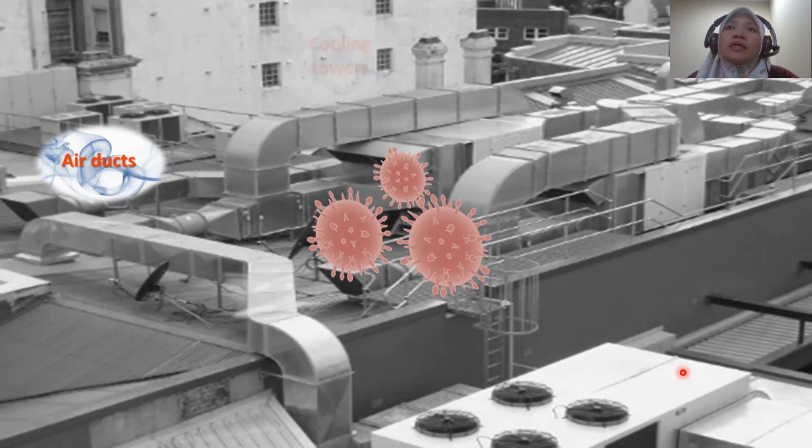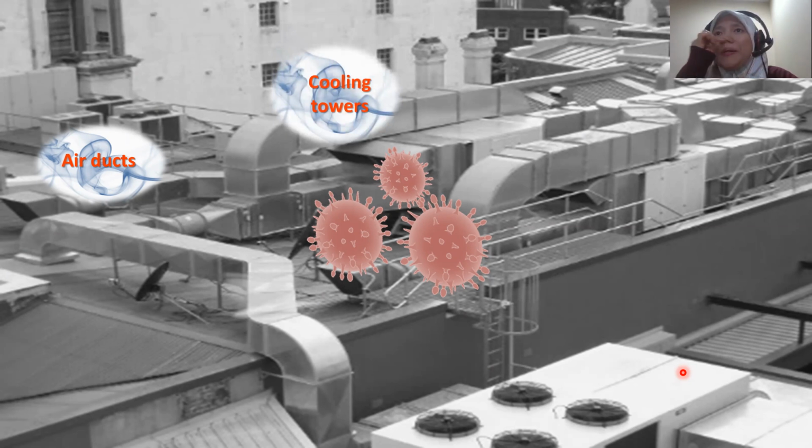Then cooling towers. Cooling towers, if not maintained properly, may also provide a place for microorganism, bacteria, or other harmful contamination inside the cooling towers. Because in some food industry, we also use air ventilation, so this can cross contaminate the air.